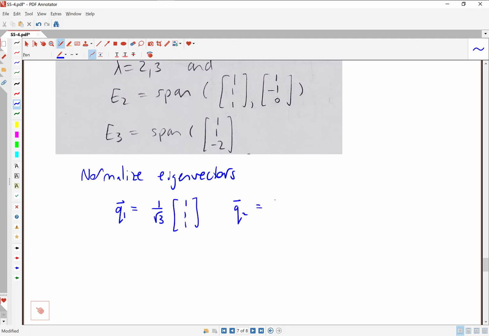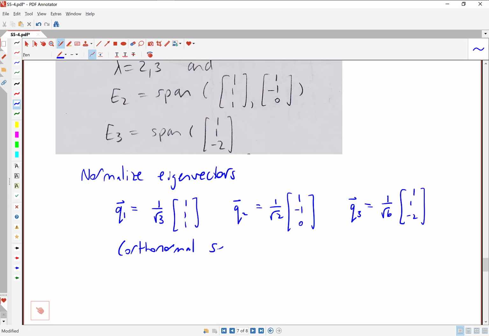Eigenvector Q2, 1 over root 2 times 1, negative 1, 0. And we'll say eigenvector Q3 is 1 over root 6 times 1, 1, negative 2. So this is an orthonormal set of eigenvectors.